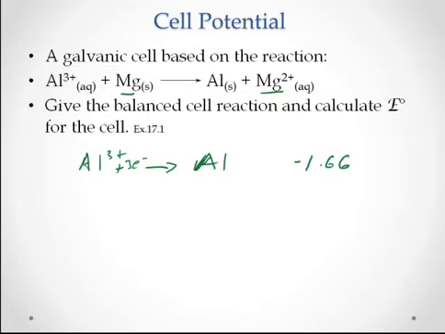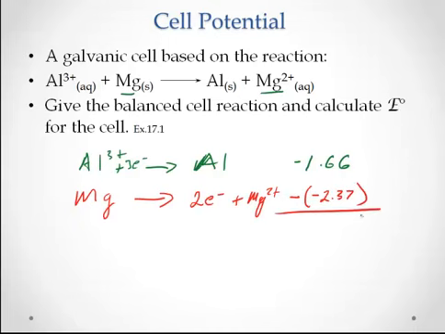So I'm going to write Mg yields Mg2+ plus 2 electrons, and now that we flipped it, it's the negative of a minus 2.37. You guys with me on that? So now I've got to actually write out the whole cell.